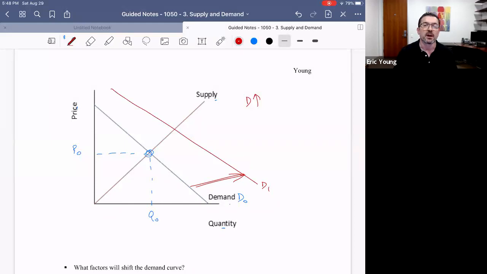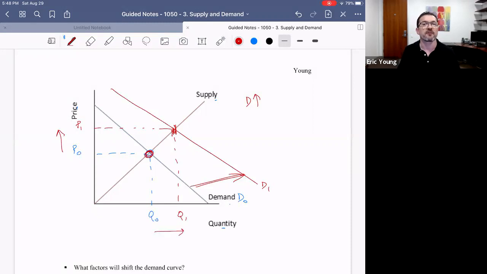And when we have that new demand curve, this original equilibrium is no longer in existence, and it's replaced by a new equilibrium. I'm going to put an N there. So we have O, the original equilibrium, and N, the new equilibrium. We draw a line across and a line down, and now we see a new equilibrium that leads to a new, in this case, higher price, and a new, in this case, higher quantity.